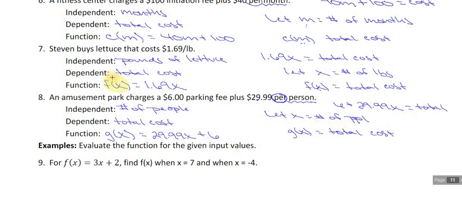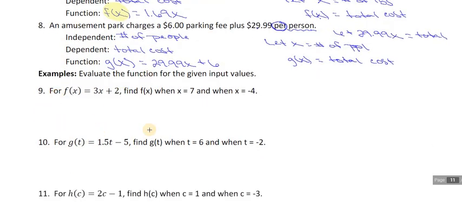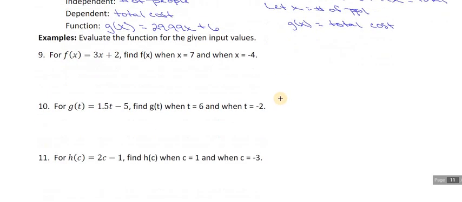Once you have a function that's written, you can take any number or value for your independent variable and plug it in to figure out what that ultimate output or dependent variable will become. So we need to work on showing good function notation and not be scared of it.